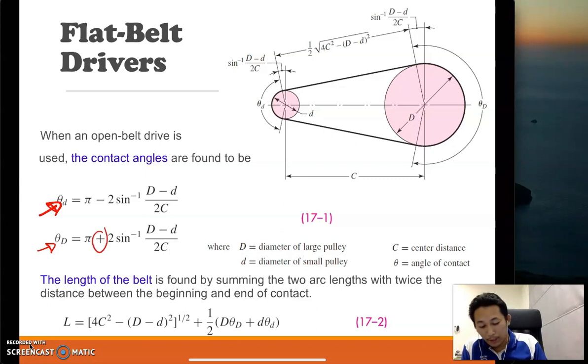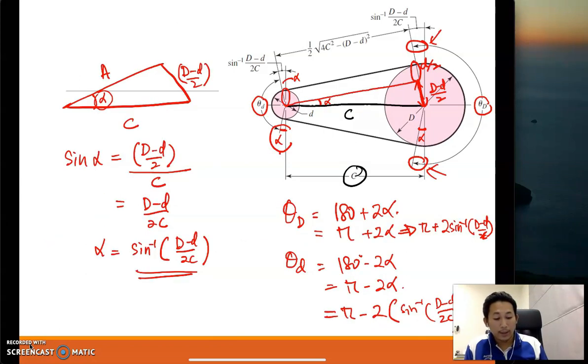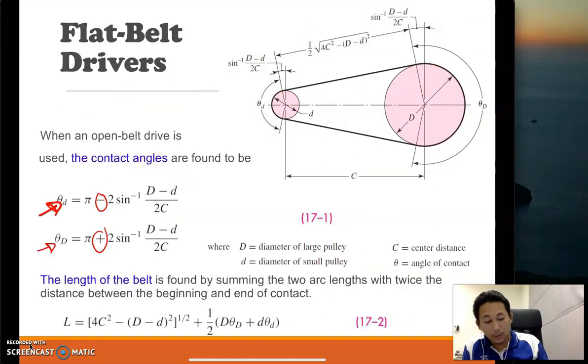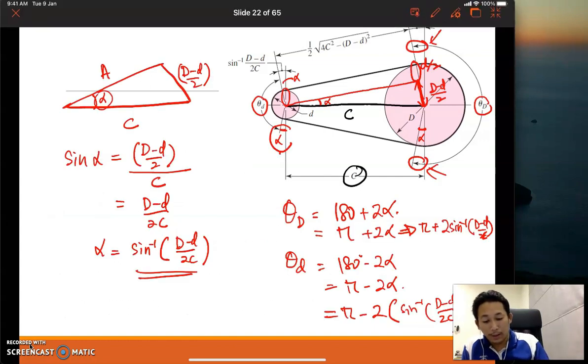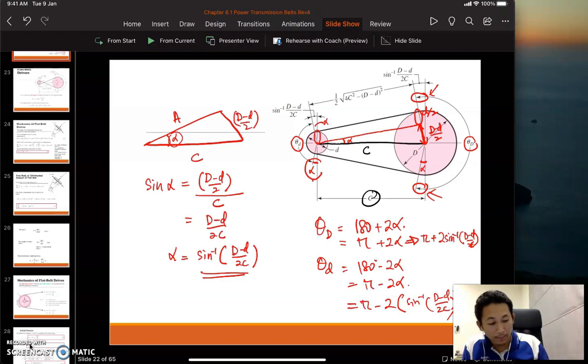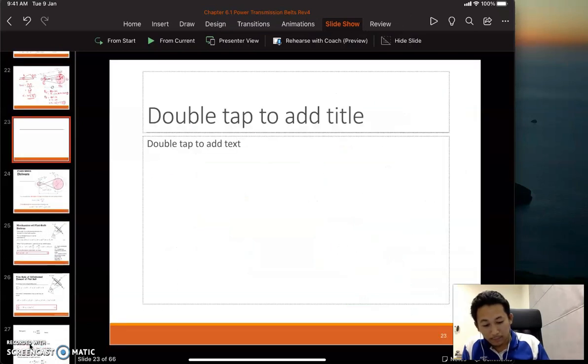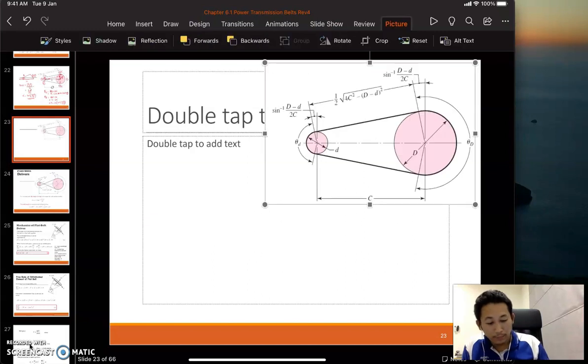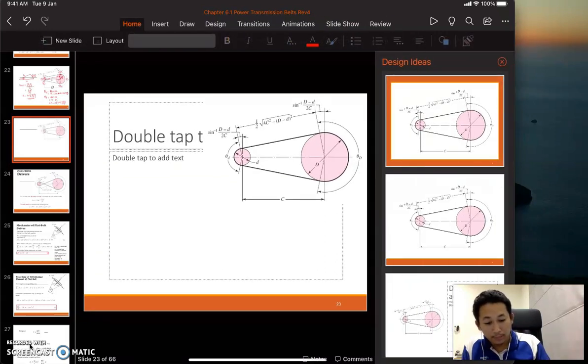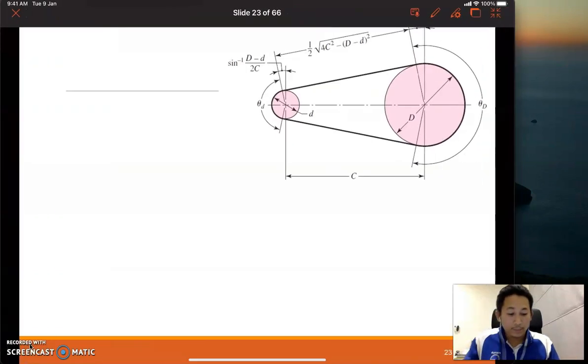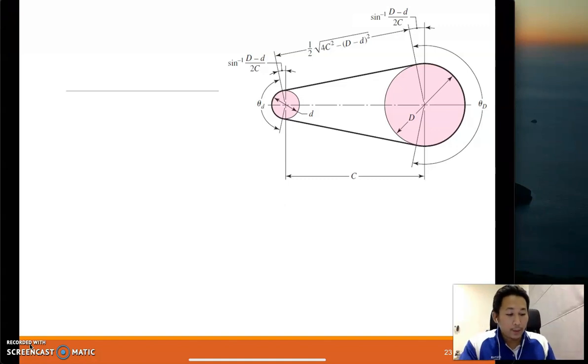So we have another thing, which is the length of the straight line.